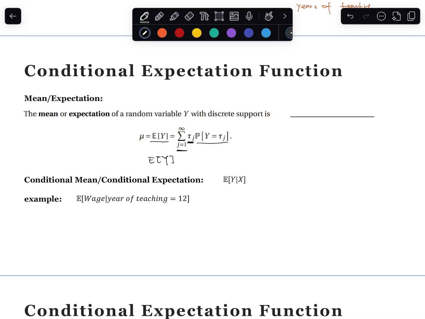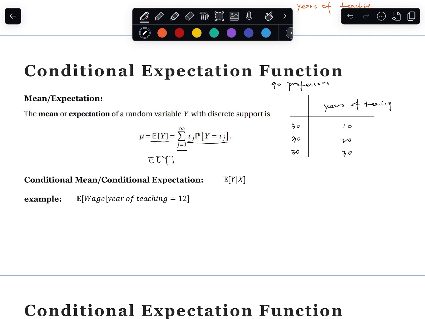if we have 90 professors and 30 of them have 10 years of teaching experience, 30 of them have 20 years of teaching experience, and 30 of them have 30 years of teaching experience.